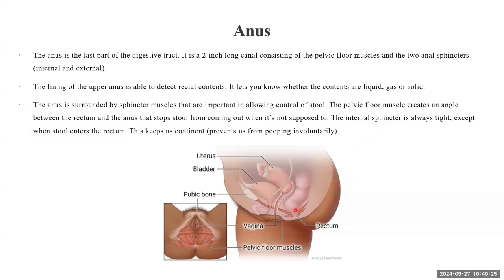The external sphincter is in our control, and this keeps us continent, which means it prevents us from pooping involuntarily. So this is how gut movements and stools are controlled.